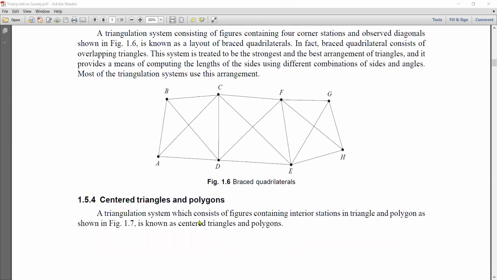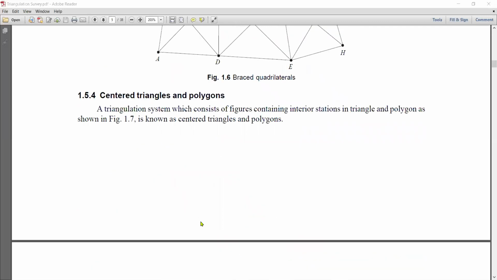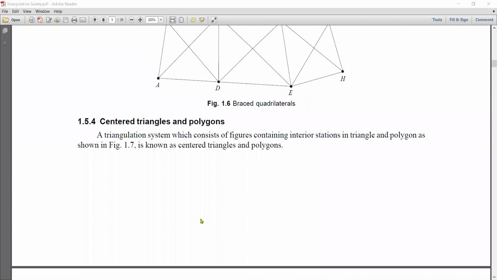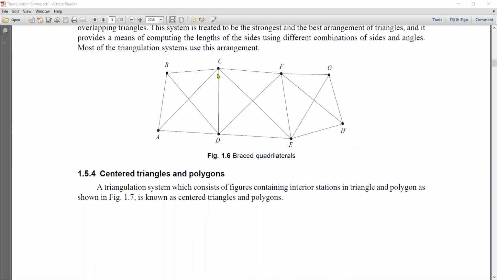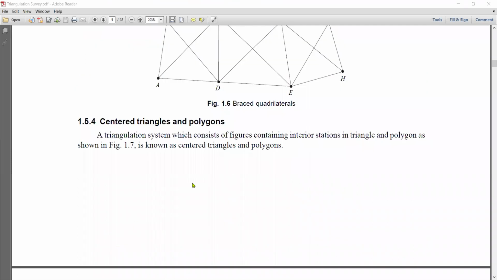Similarly, you just see here centered triangles or polygons. Earlier there were four corner stations, and when we move to polygons, there will be more than four corner points.